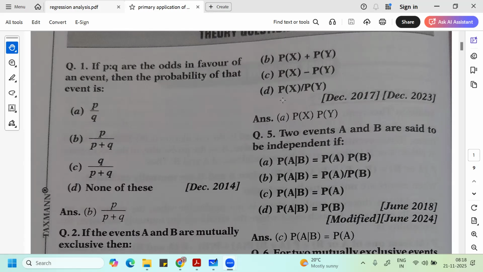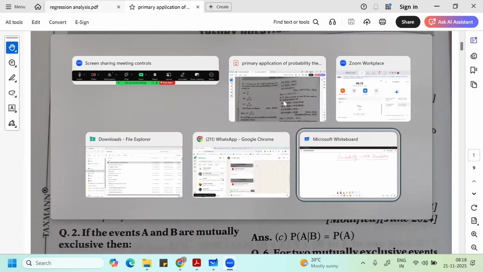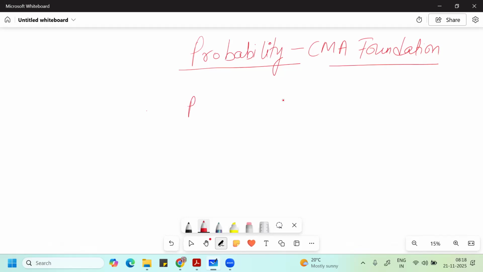Remember this whenever we say probability. Suppose the event is A, the formula for the probability of an event is favorable outcome divided by total outcome.